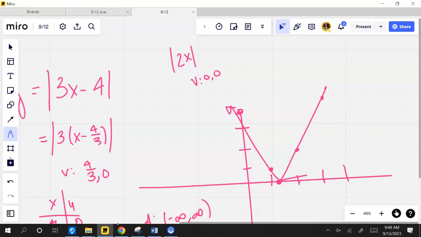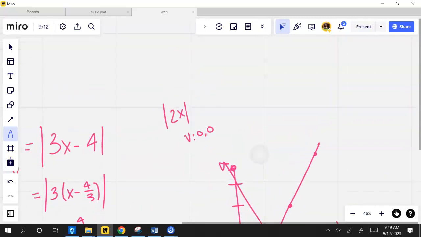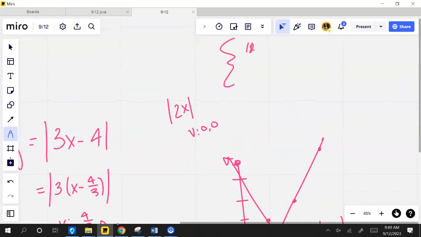If it was piecewise, it would depend on what your restriction was. So if it said 2x when x is bigger than 1, that wouldn't matter because 0 is not bigger than 1. But if it said less than 1, then it would matter because 0 is less than 1. So I'd have to look to see if it fits this restriction as to if I'm going to graph it. If it fits it, I graph it. If it doesn't, I don't.